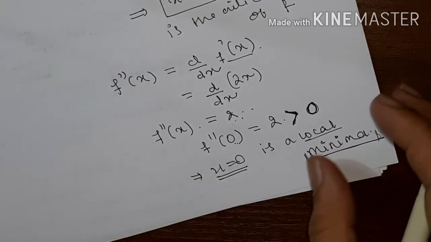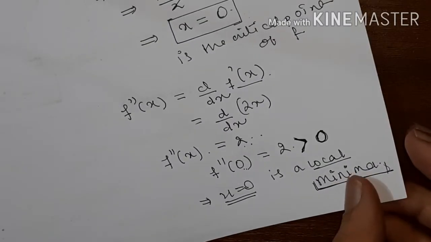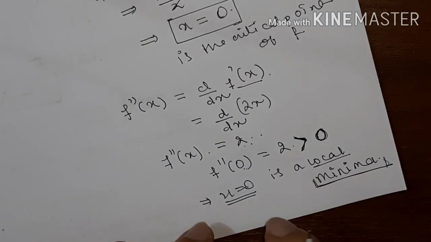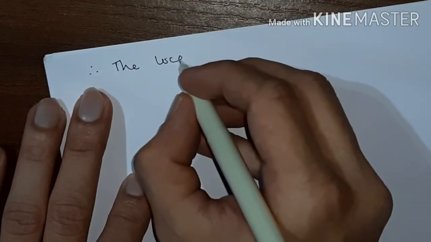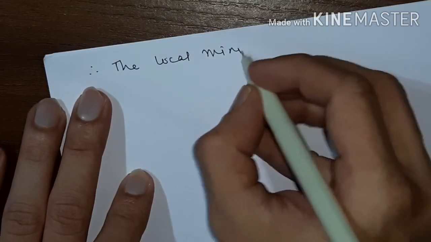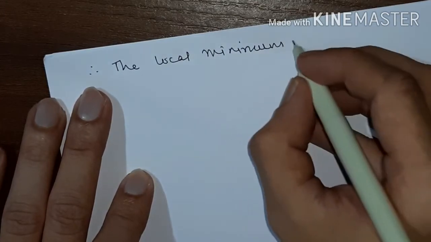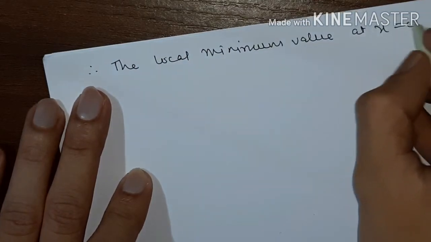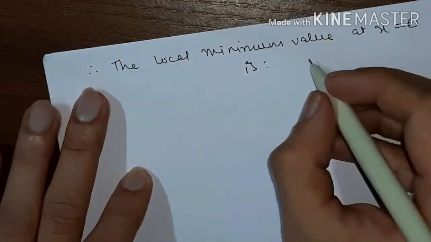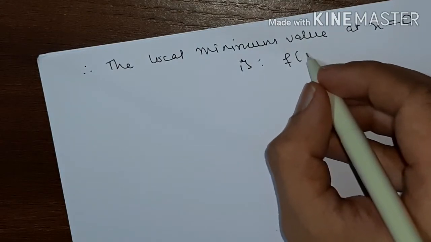So what you got, x equal to 0, that is a local minima. Now you can find the local minimum value. So the local minimum value at x equal to 0 is f of 0.